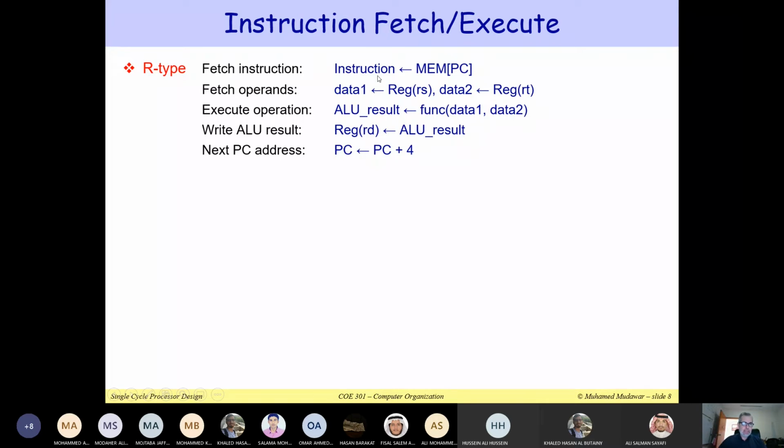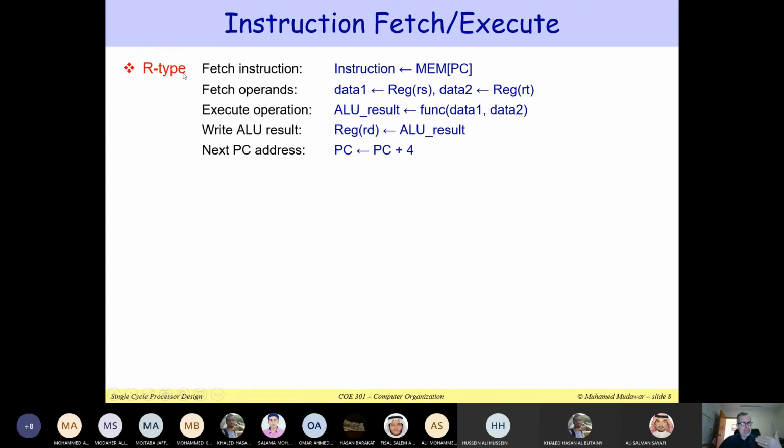Once we have the instruction, we can examine the opcode and the function code. If we have an R-type instruction, we know that from the opcode, because opcode 0 is used for R-type. This is called instruction decoding. We examine the opcode. This is part of the control of the CPU.